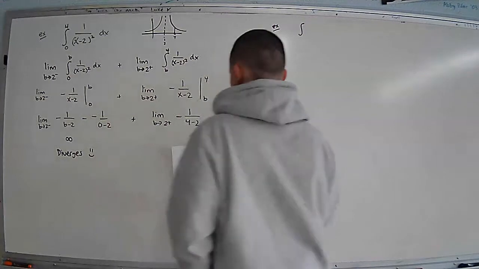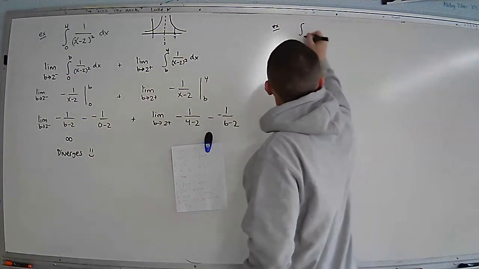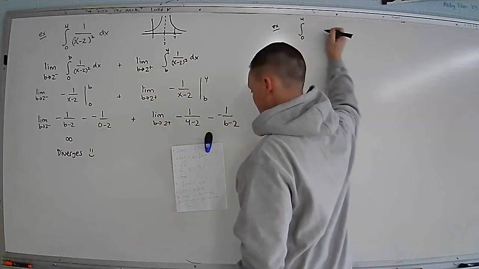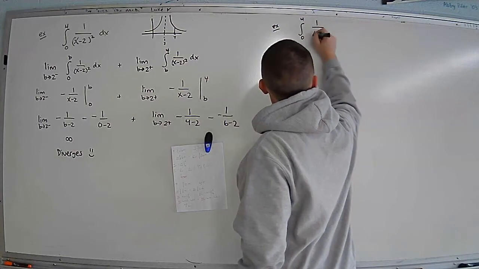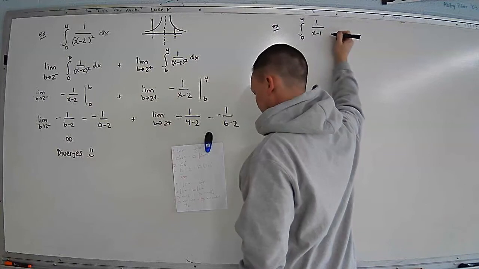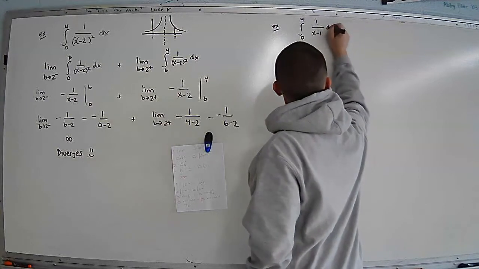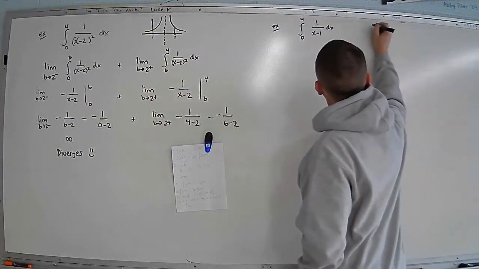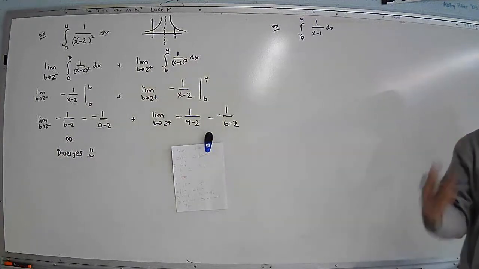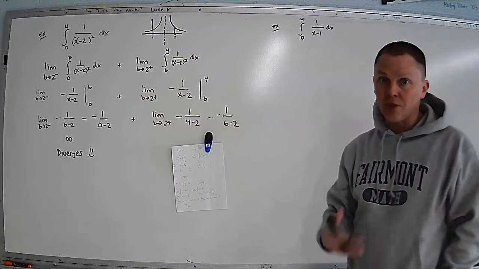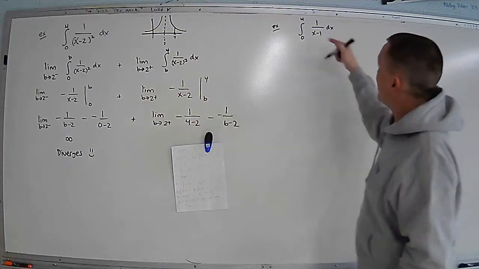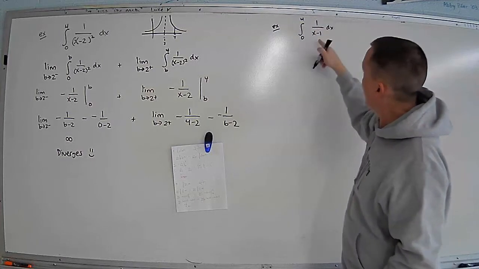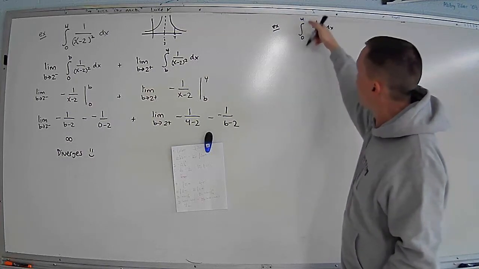Okay? Let's look at another example here. I pre-worked out a couple of these. So how about the integral from 0 to 4 of 1 over x minus 1 dx. So again, you have to recognize that this is improper, that this is a type 2. You got to check that denominator and say, hey, is that thing undefined between 0 and 4?